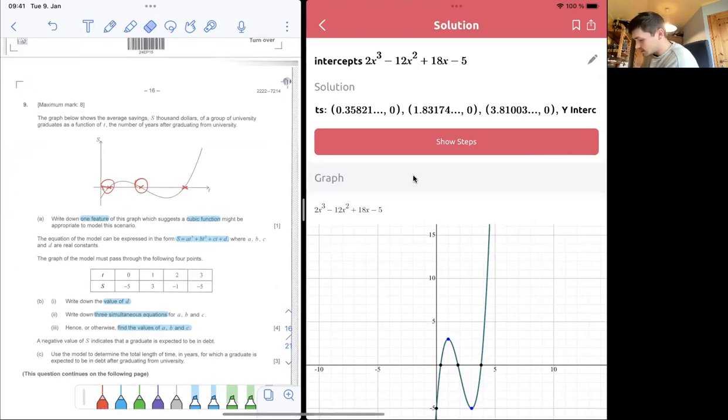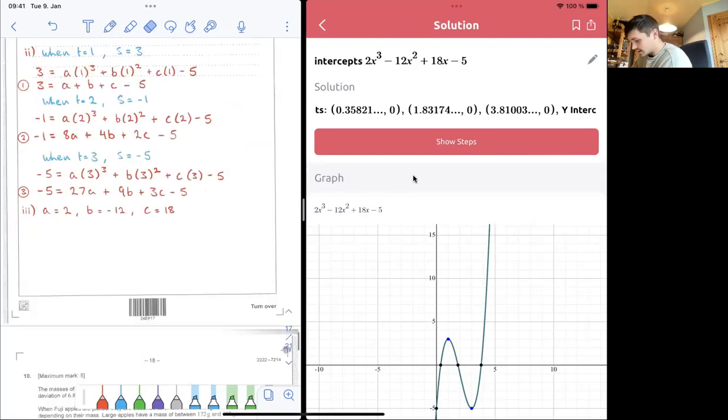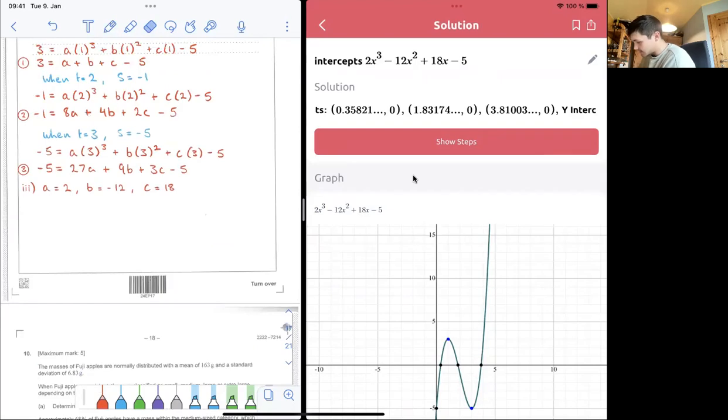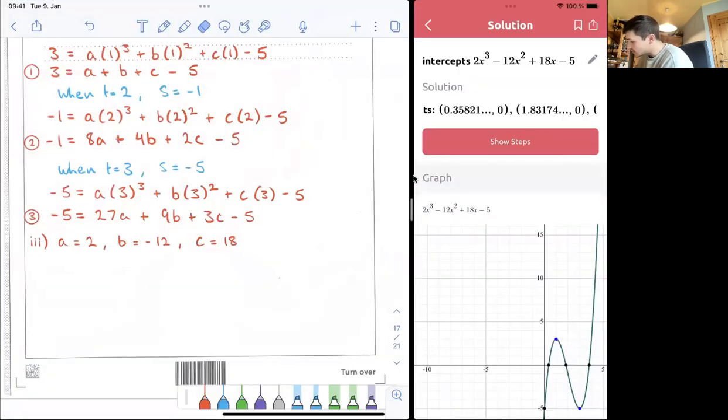All right, so let's just get rid of that. Let's write down these x-intercepts.